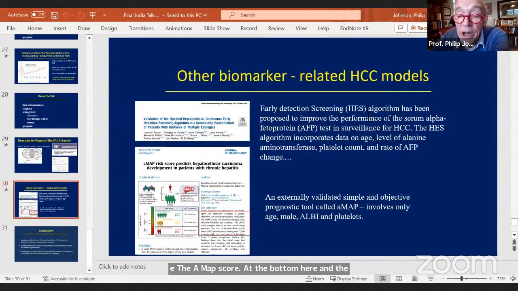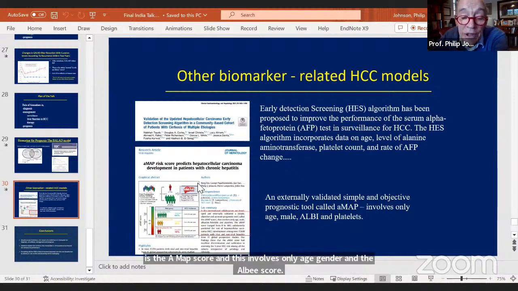The HES score from the States is called Early Detection Screening Algorithm, and it incorporates age, ALT, platelet counts, and a rate of AFP change. It's quite complicated to use, but it looks quite accurate. The other possibility that's come from China is the AMAP score, and this involves only age, gender, and the ALBI score and platelets. And again, here's the original paper, very clearly presented.